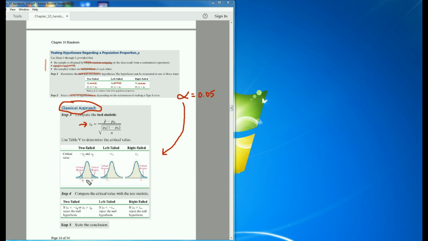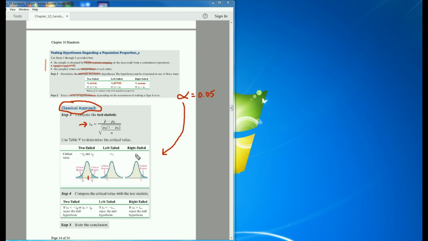For example, if you were doing a two-tailed test, and your test statistic z sub 0 is here, then you do not reject your null hypothesis, because that is not in the rejection region. It's right here in the middle, close to your hypothesized value.